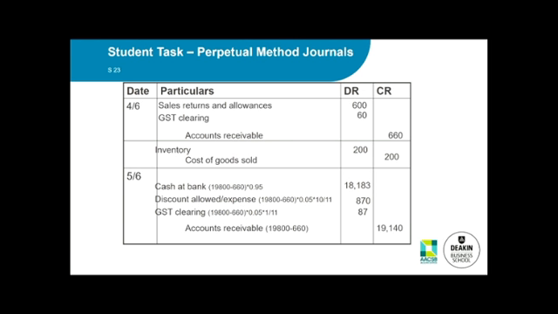Now, how do we calculate this again? Well, we can get this multiplied by 0.05 and then get 1/11 of it, then multiplied by 10 again. You should be able to figure out now how to extract the GST component out of it and calculate the remainder of it. Okay. So that's the receipt of cash from our customers after the 5% discount, also accounting for GST in the process.